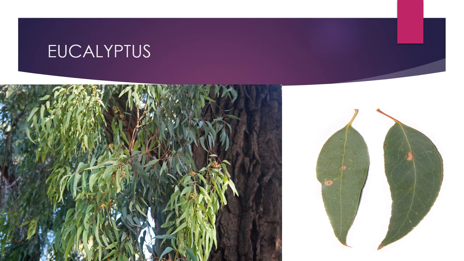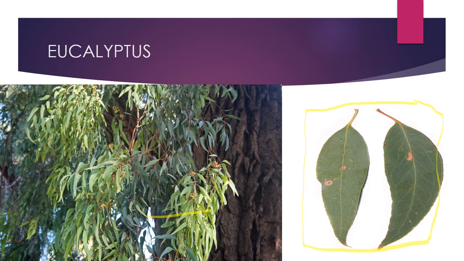Next picture shown to us is of eucalyptus leaf. These leaves are of eucalyptus tree. Children, this is eucalyptus tree that you can see on your screen. Eucalyptus is a fast growing evergreen tree native to Australia.